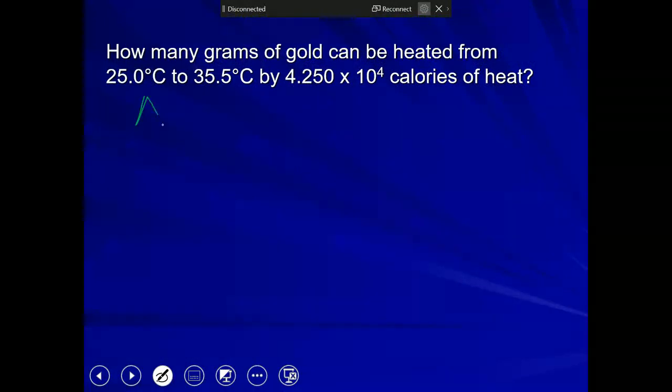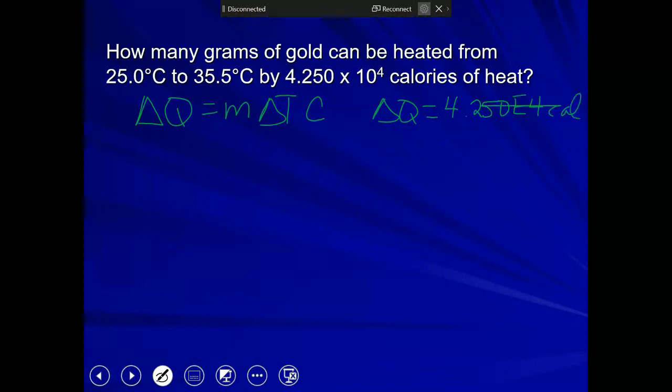So again, I'm going to use my equation that we have. I'm going to list what I know. I know that I have 4.250 times 10 to the fourth calories of heat. Mass is what I don't know. How many grams? I'm looking for that.